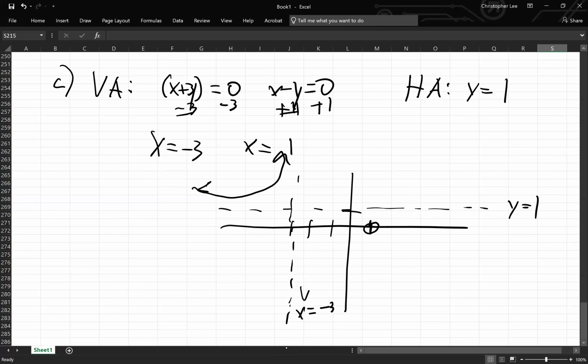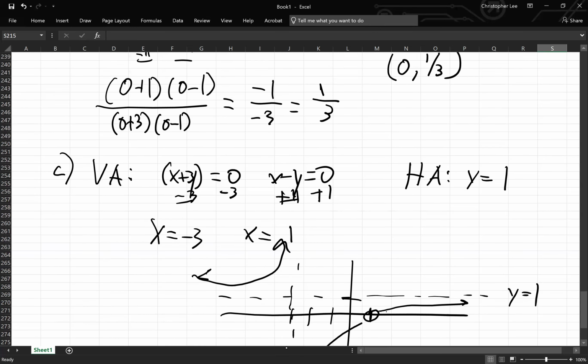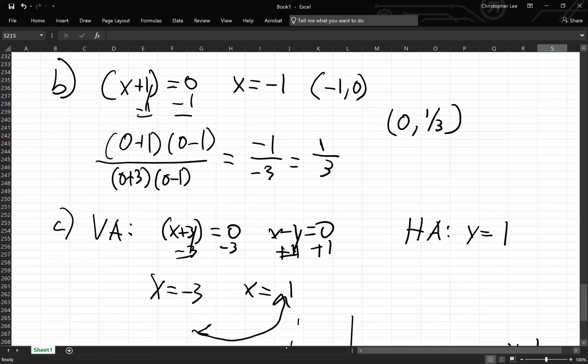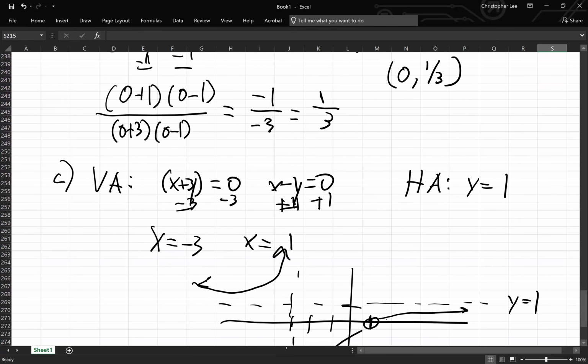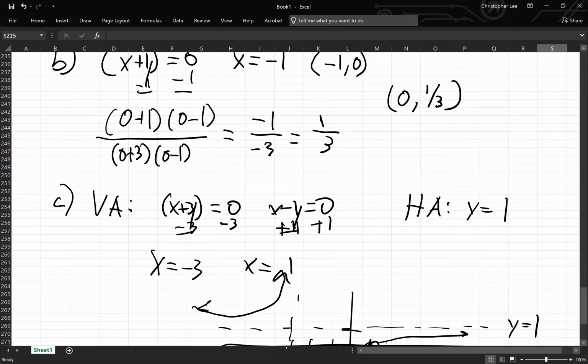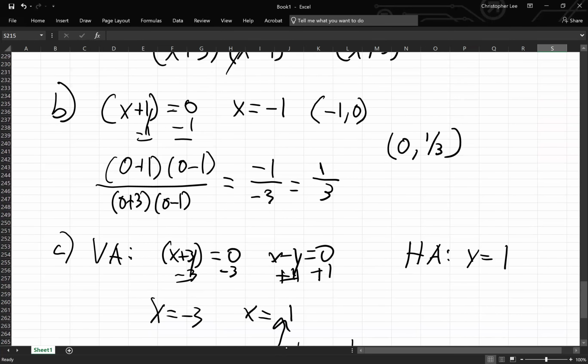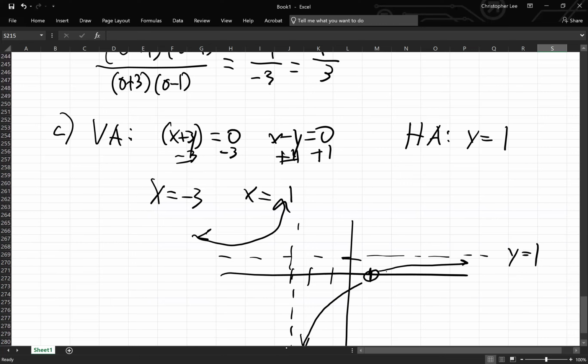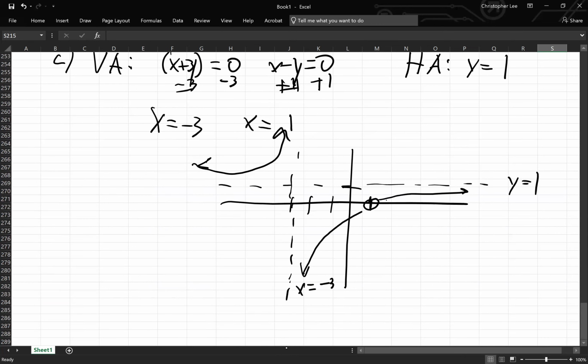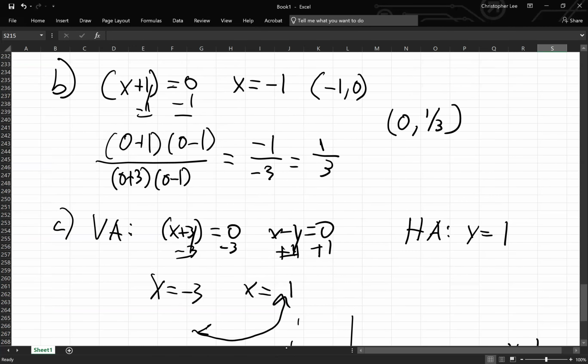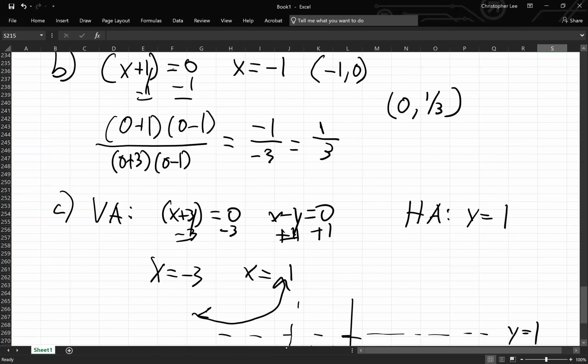Not quite. There we go. And then I'm crossing the x-axis at (-1, 0). So I'm wrong here. Now we have (0, 1/3).